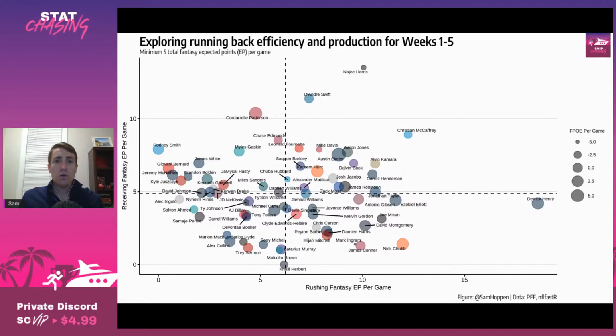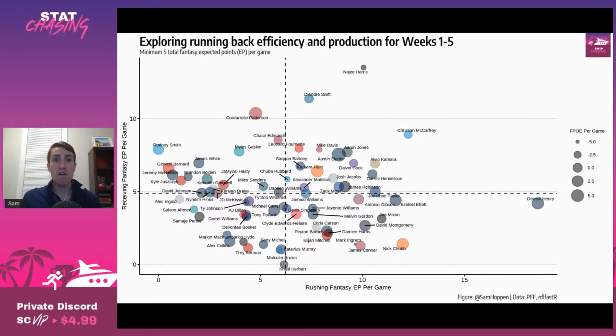Moving on to the running back position. On the x-axis of this chart, I'm showing rushing fantasy expected points. On the y-axis, showing receiving expected points. And then the size of the bubble is a player's FPO, which is fantasy points over expectation. And that is one of the signs I use as potential regression.